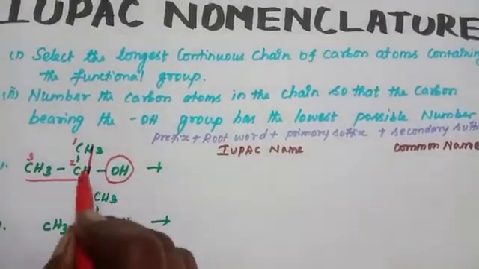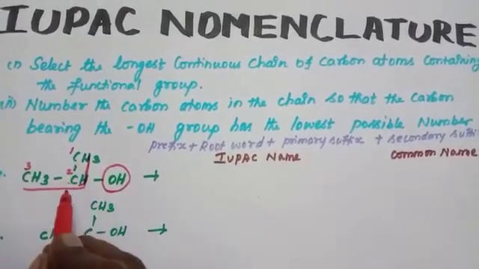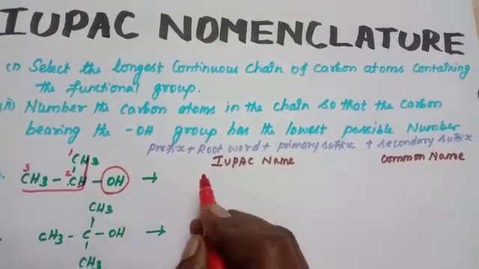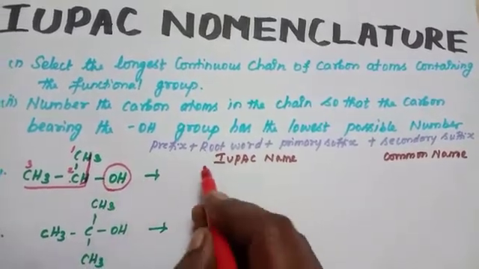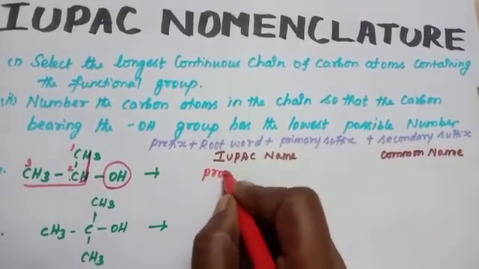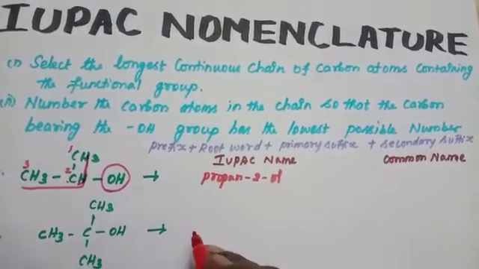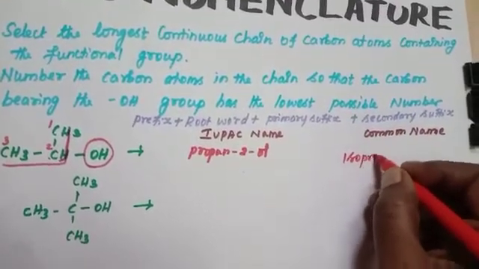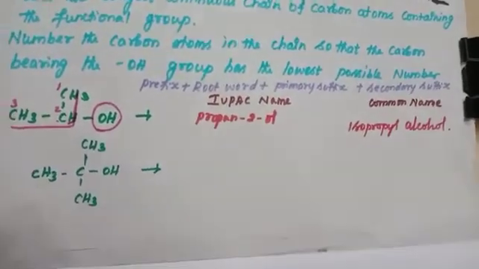There is no substituent, so we write the name of the compound. Three carbon means the root word is propane. So remove the E letter and add OL. So the IUPAC name for this compound is propan-2-ol. Common name is isopropyl alcohol.